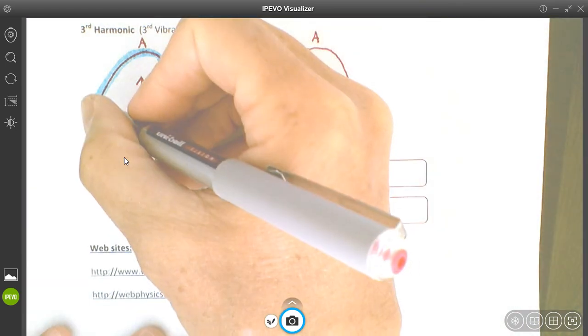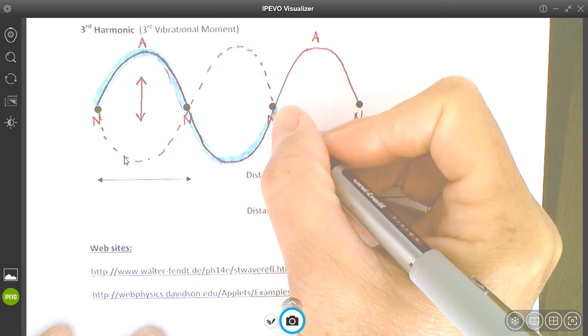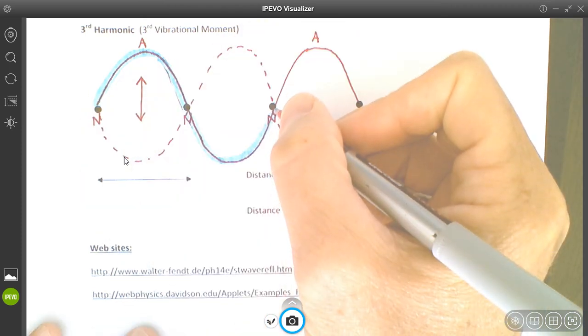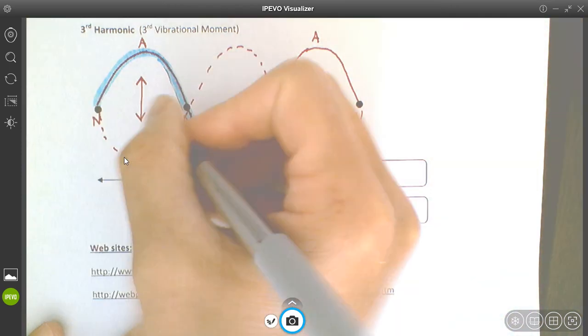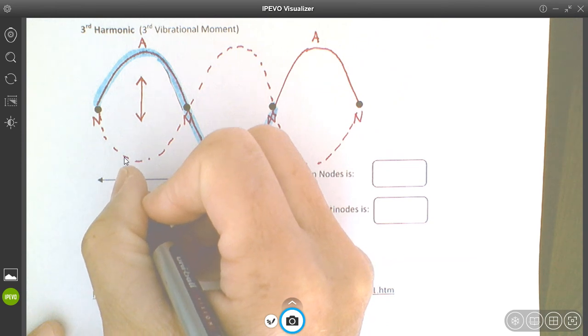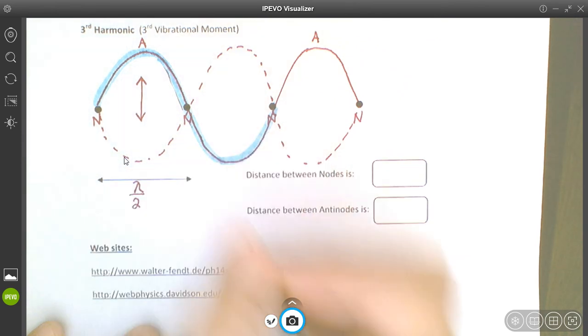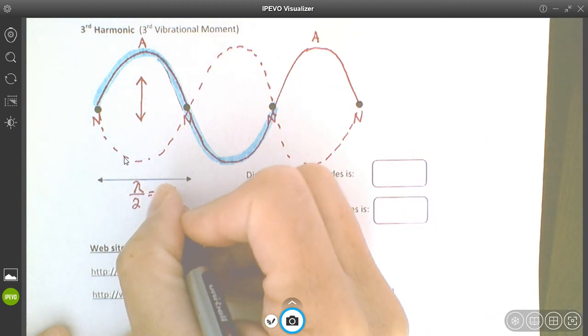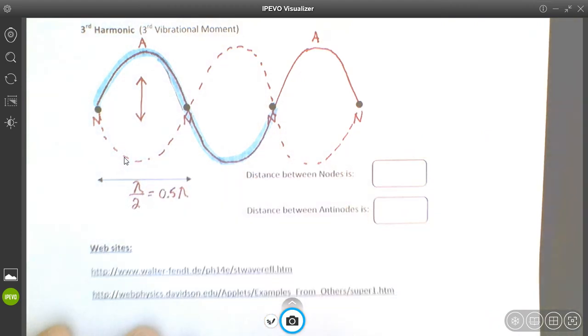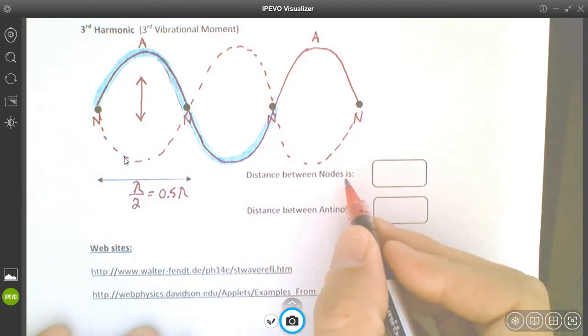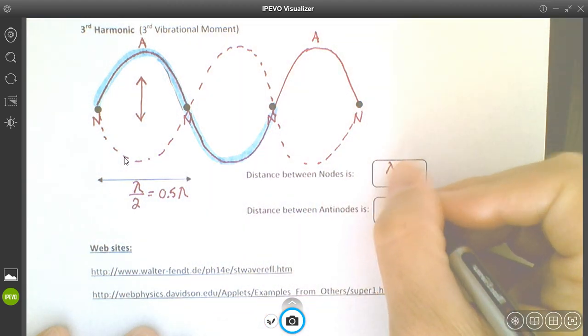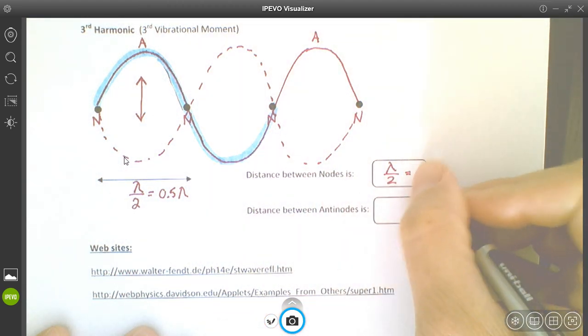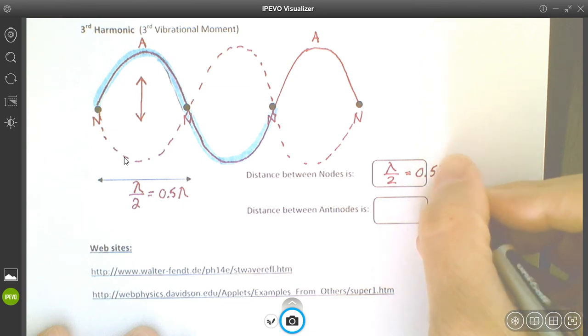It's where the oscillation starts to repeat itself. So from node to node, there is actually half of a wavelength. You don't like fractions, but you have to get comfortable with fractions. It's so important. It's half a wavelength. So the distance between nodes is lambda over 2, or 0.5 lambda.